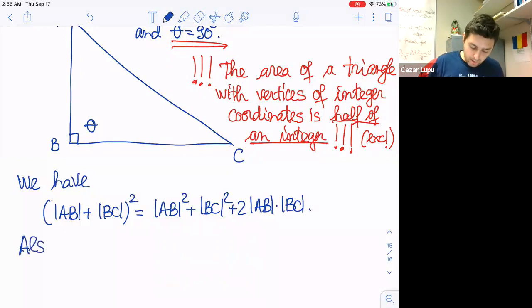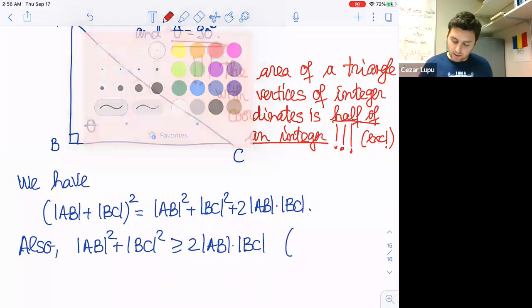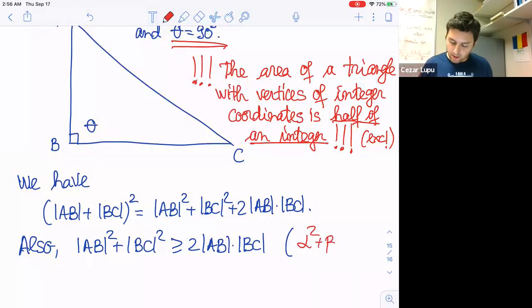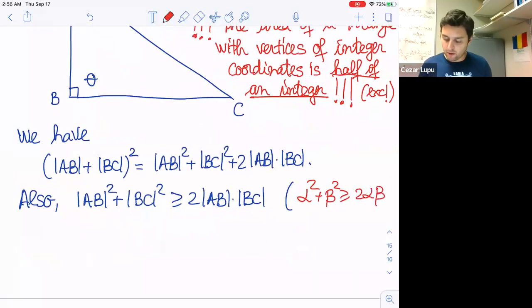Also, let's keep in mind that AB squared plus BC squared is greater or equal than 2 AB times BC. Again, this is what we said at the beginning, alpha squared plus beta squared is greater or equal than 2 alpha beta, which follows from AM-GM.